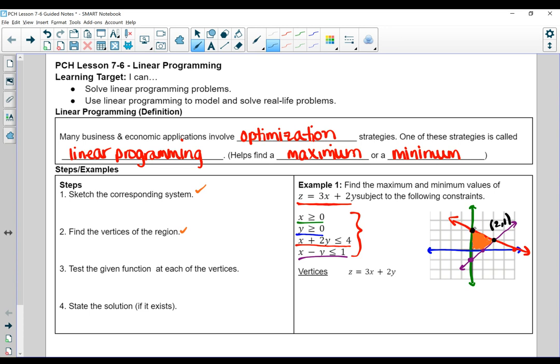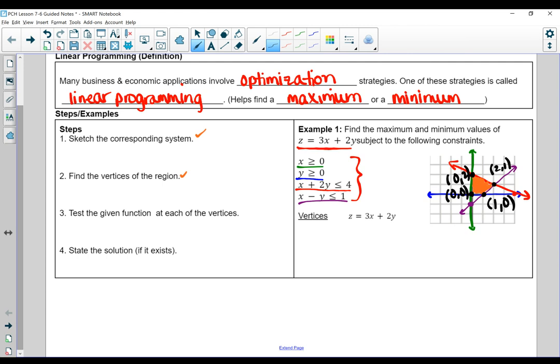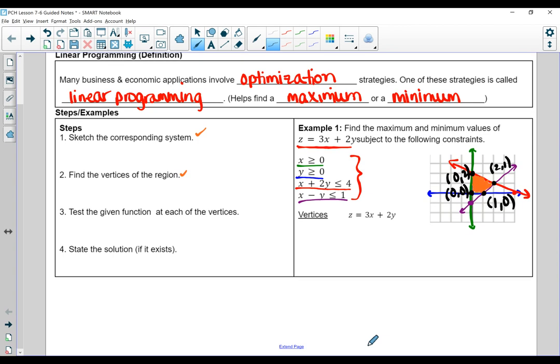Here's another point of intersection, and this is at 0, 2. Here is a third, which is at 0, 0. And then here is a fourth one at 1, 0. So I actually have 4 vertices that I need to check to see where my max and my min occur.